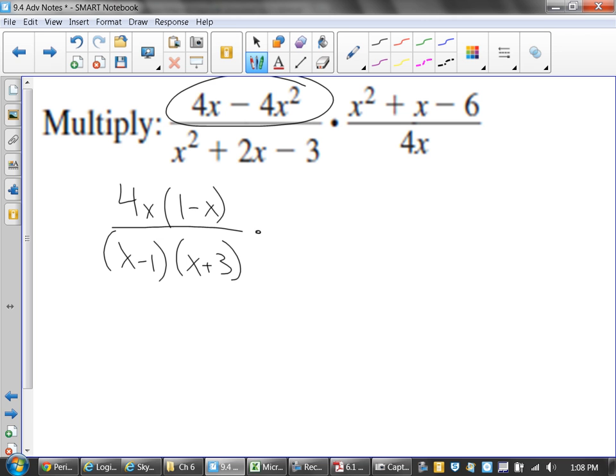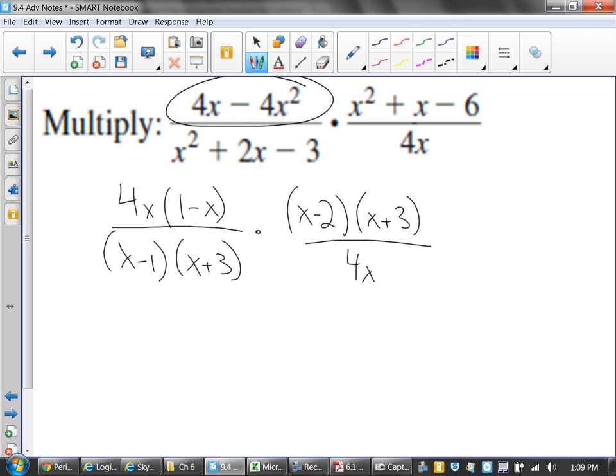Negative 3. Very good. Can I do anything with the 4x? You can. Now, from this point is when I can start seeing what simplifies out.